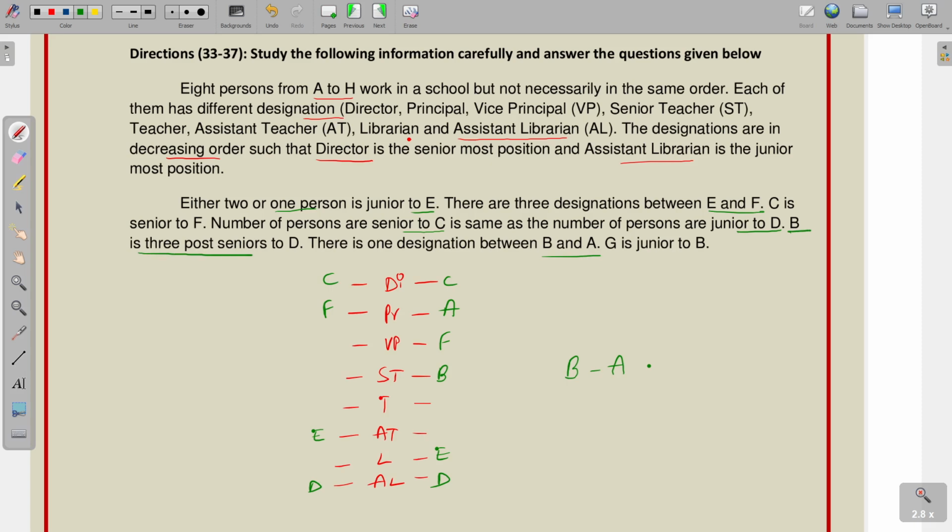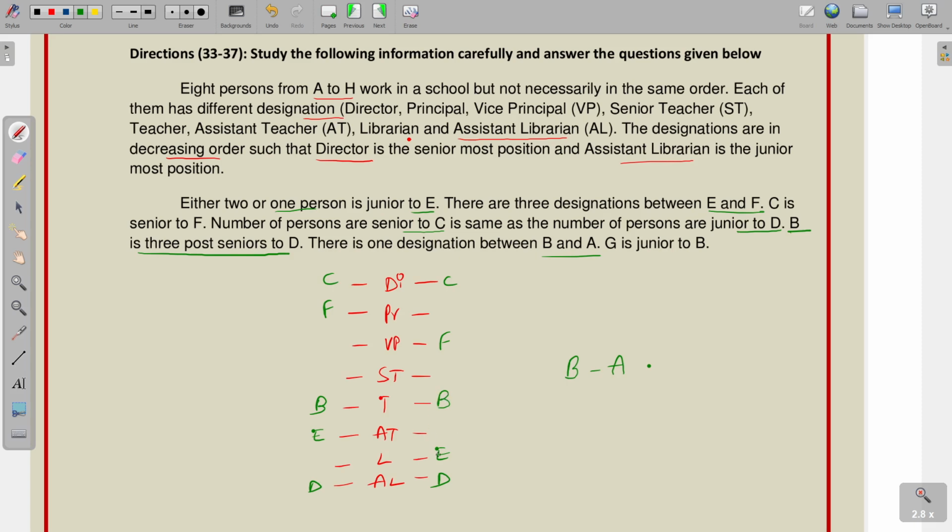B is 3 posts senior to D. So we already have D here, 1, 2, 3. Here B is coming. So B is 3 posts senior to D, 1, 2, and 3.